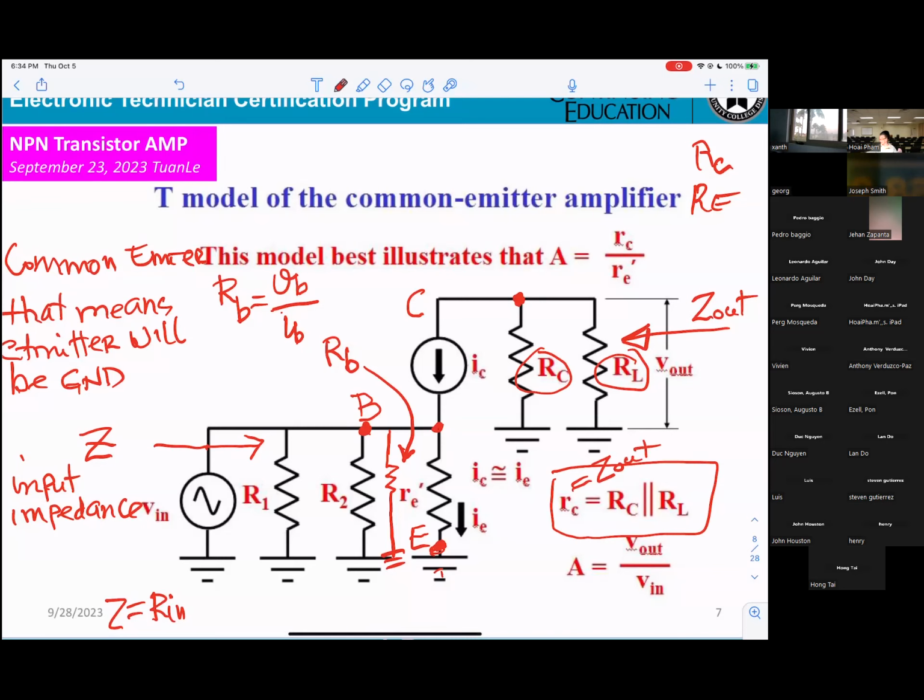So depending on the textbook, okay, RC here, R means resistance, C means collector, lowercase letter means the AC, that means the output impedance. Okay, and this is the V in, this is the V out.